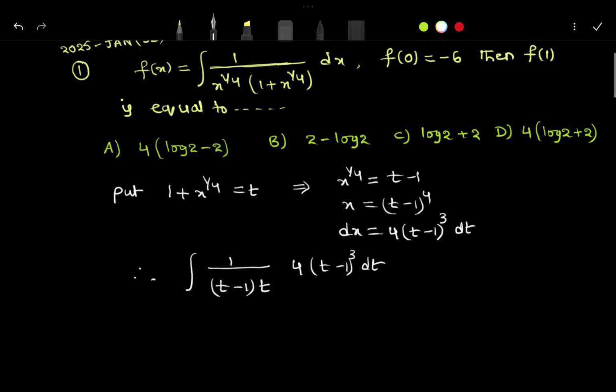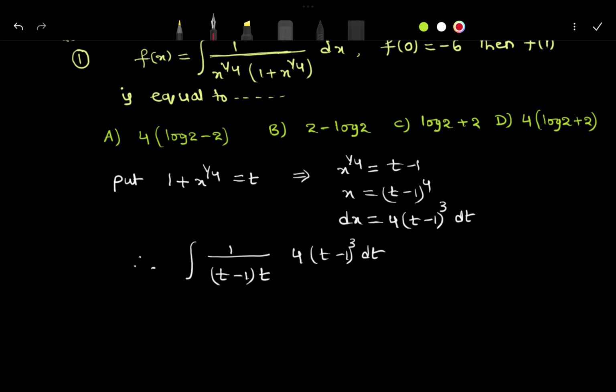By observing, one t minus 1 will cancel. So this is equal to 4 into the integral of (t minus 1) whole square divided by t into dt.